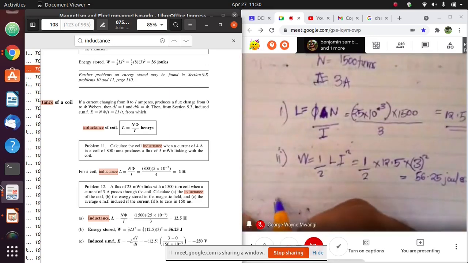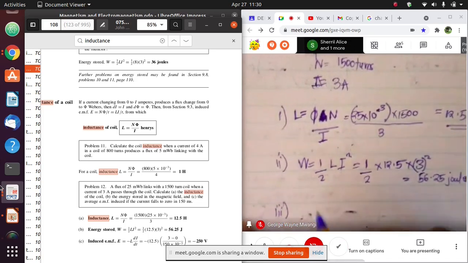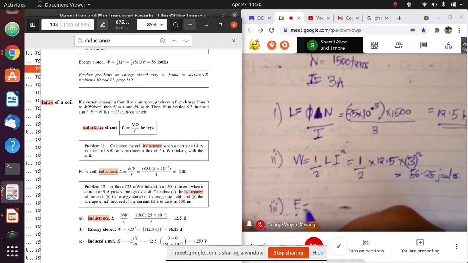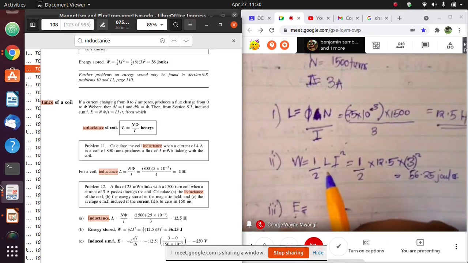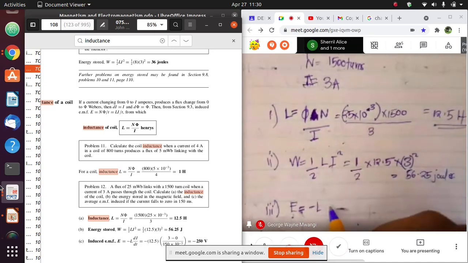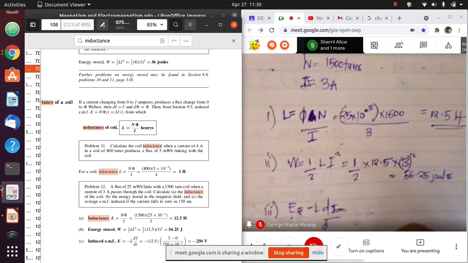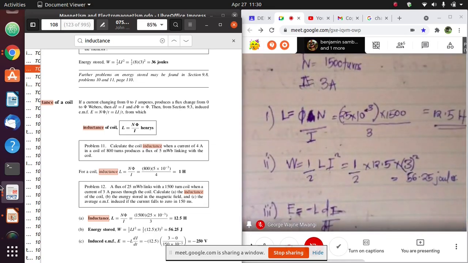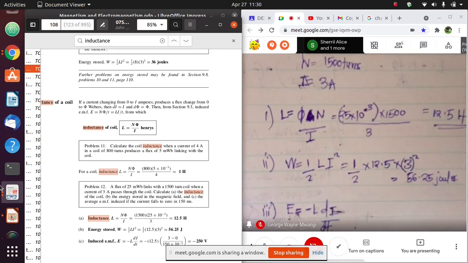Now, the induced EMF. The induced EMF in that coil will be given by, remember now we have been given the inductance, so we can use this formula: negative L, change in current over change in time. Now, if you look at the question, the third question was asking for the average EMF induced if the current falls to 0.